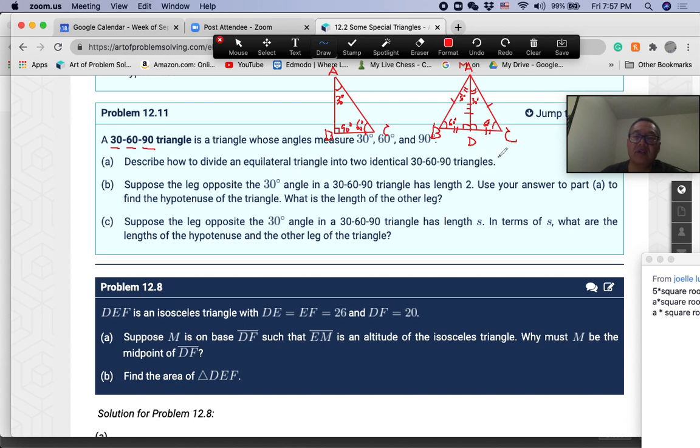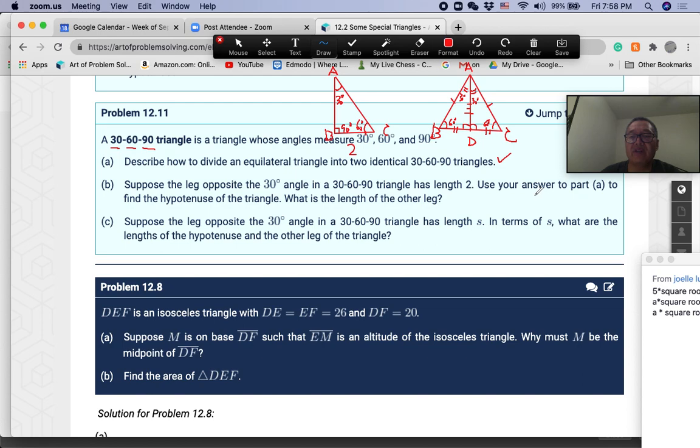Now let's see B. Suppose the leg opposite the 30 degree angle in a 30, 60, 90 triangle has length 2. Suppose BC equals 2.